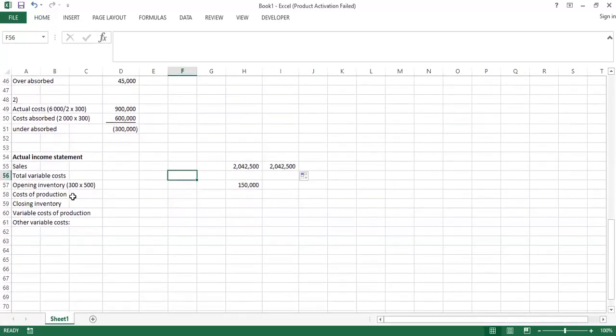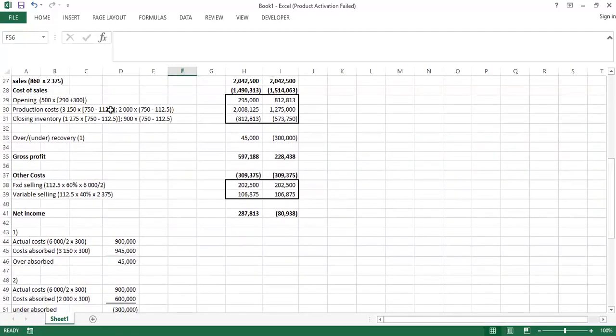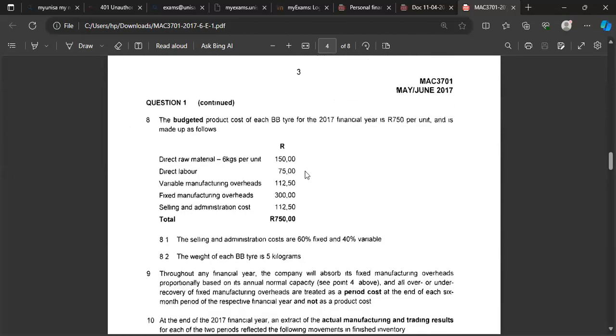Then in terms of cost of production, what we did here was simply deduct the non-manufacturing cost, which means the amount that we remained with included the fixed portion, which is that 300. One option, if you want to present this differently, is to come up here and add 75 to 150, and then add 112.5.